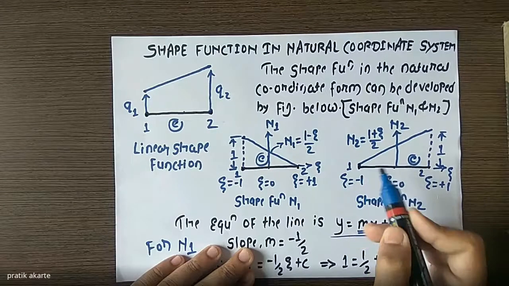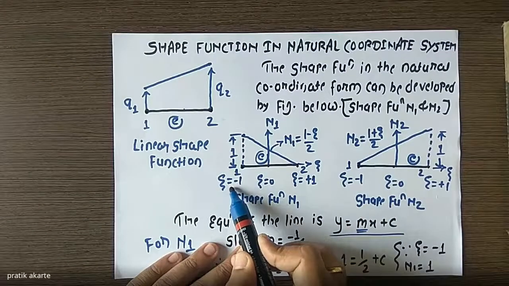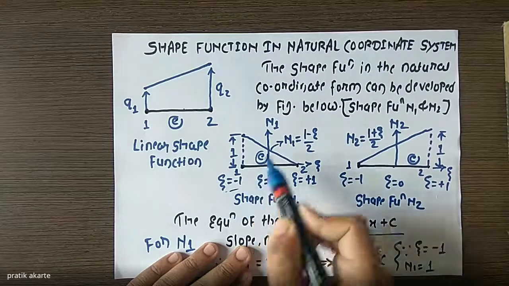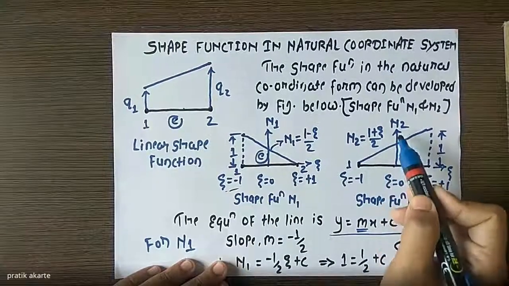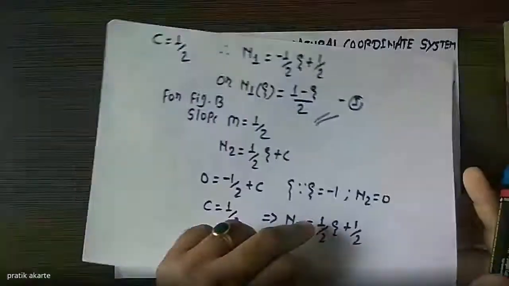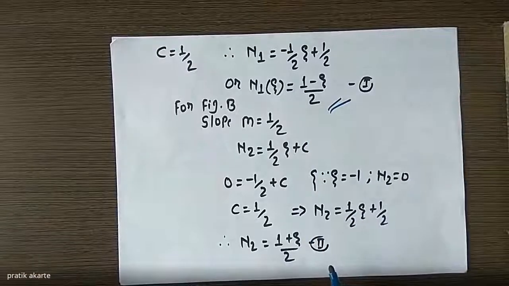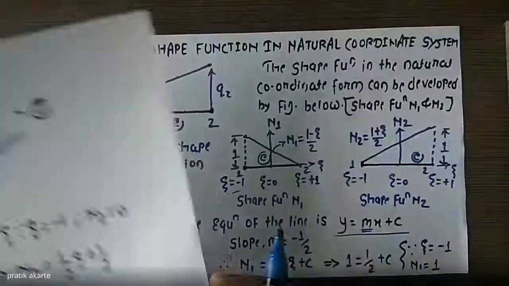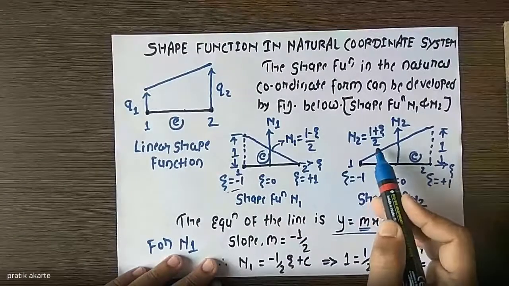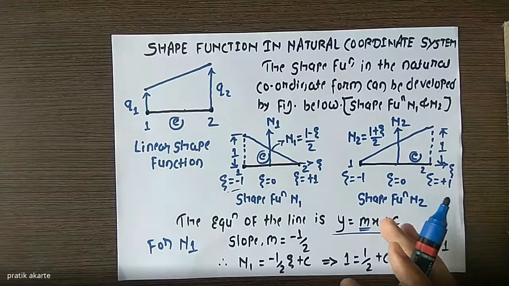So we are assuming some common condition. In the previous case also, at zeta equal to minus 1, we calculated the N1 value, and at zeta equal to minus 1 we now calculate the N2 value, which is 0. Performing the same exercise, we get the shape function N2 equal to 1 plus zeta by 2. So this is how you can formulate the shape functions: N1 is 1 minus zeta by 2, and N2 is 1 plus zeta by 2.